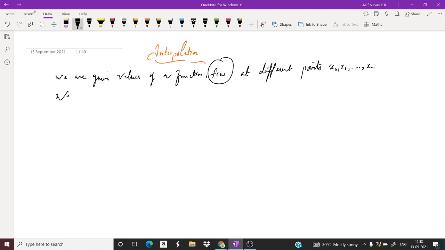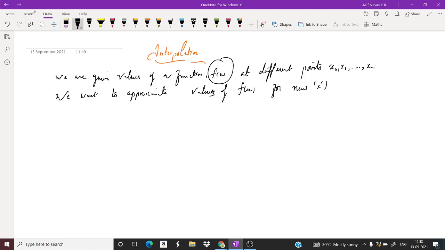So we want to approximate values of f of x for new x.